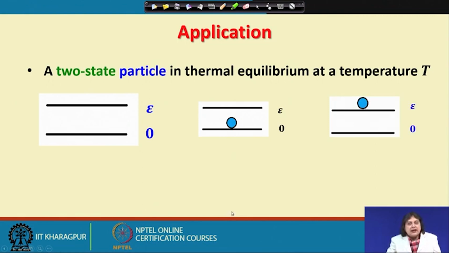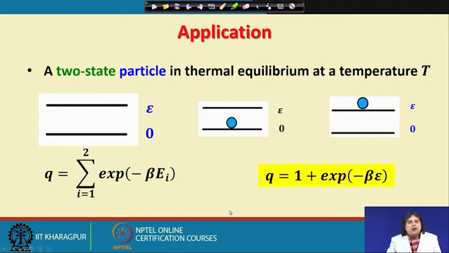So, here as you see that I have 2 distinct microscopic states, and the corresponding partition function for the single particle is this. So, if I ask you the question, what is the probability that this particular microscopic state will be observed? That probability corresponds to my energy E1 equal to 0.